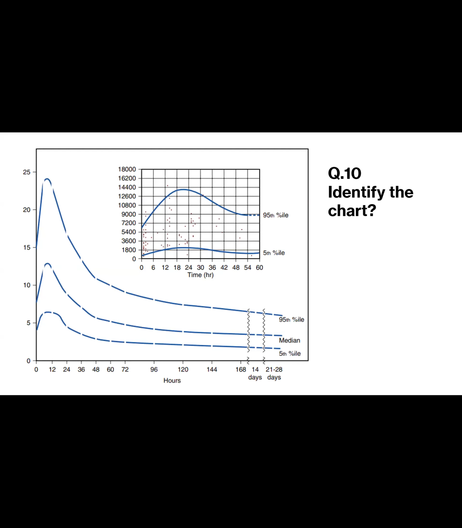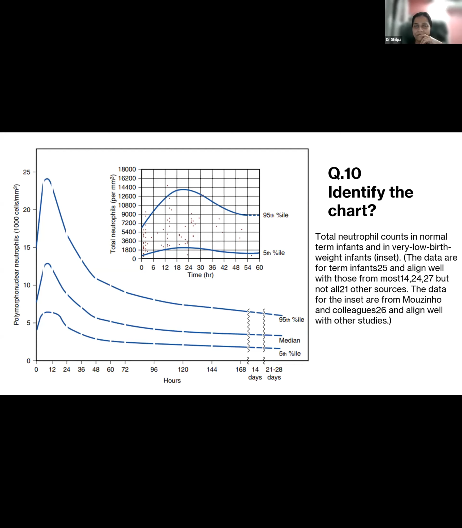This is the second last session. They're very close to exams, so I think they're preparing for it. So, yeah, everyone is saying Monroe's chart. Perfect. Okay. So the lower chart is for the term baby, and the above chart is for the very low birth weight babies. Good. Very good.